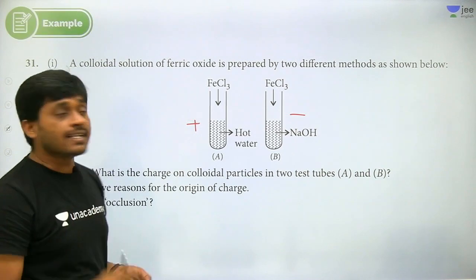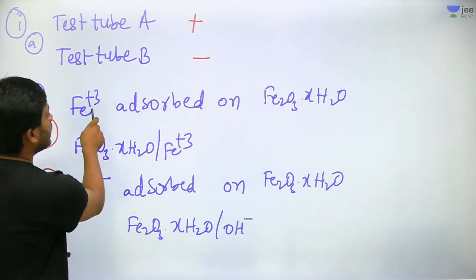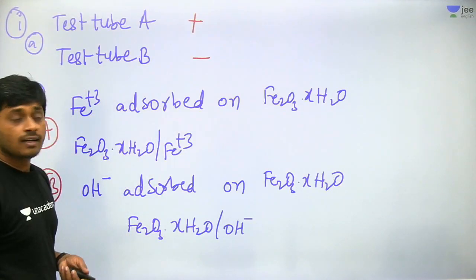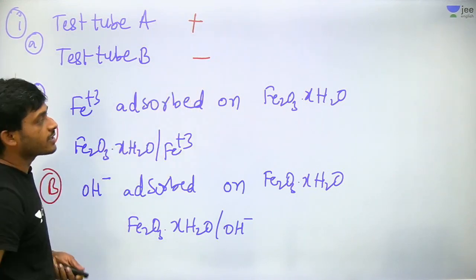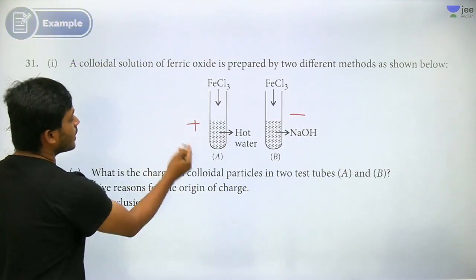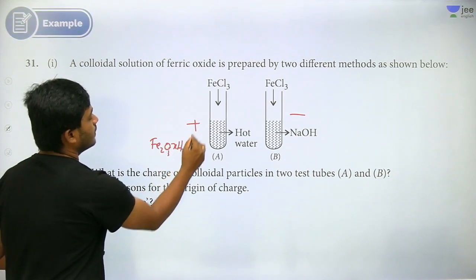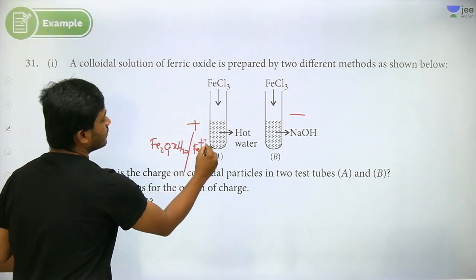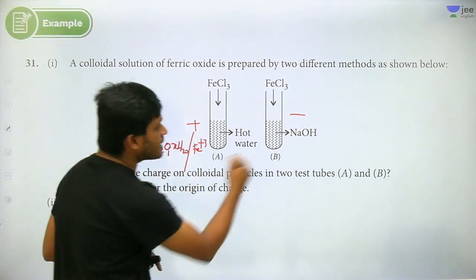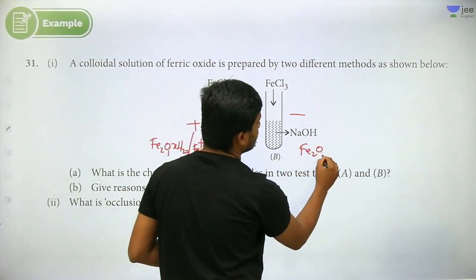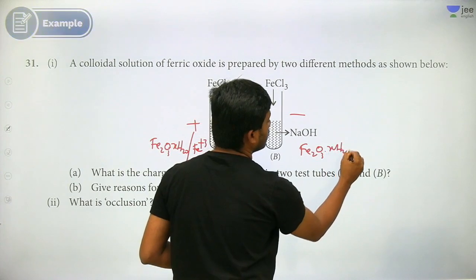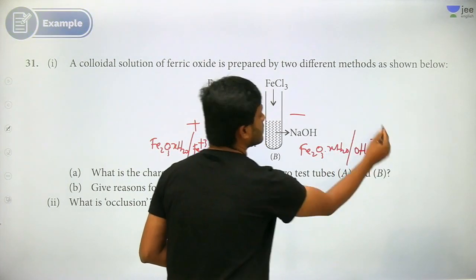So the reason here is Fe plus 3 adsorbed on Fe2O3.xH2O. In A, what is happening? Precipitate is formed, but iron plus 3 is coming, so it is positively charged. But in the second case, OH minus.